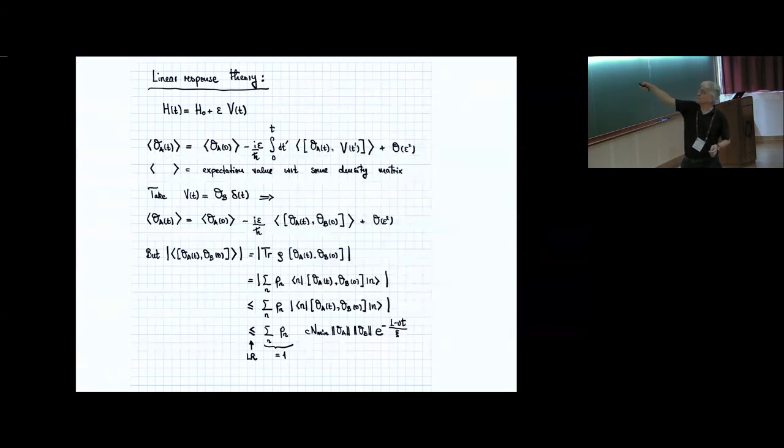And here you have the commutator between the perturbation and the operator you're interested in.